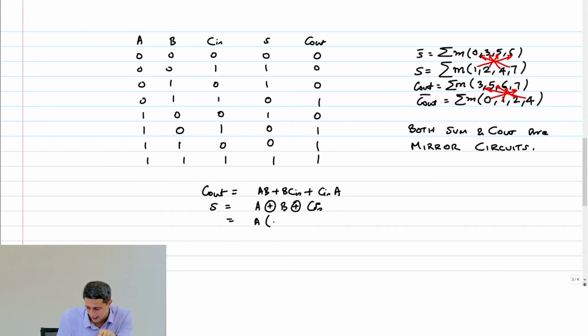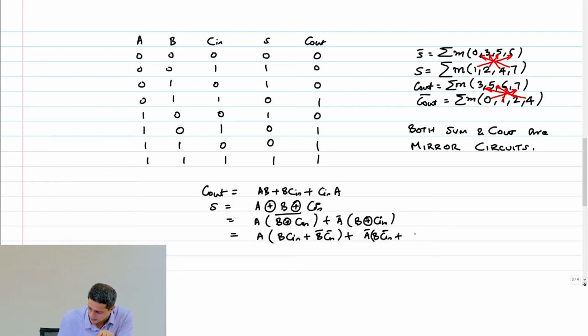It is A times B XNOR Cin, right? Or B XOR Cin bar plus A bar times B XOR Cin. A times B Cin plus B bar Cin bar plus A bar times B Cin bar plus B bar Cin.